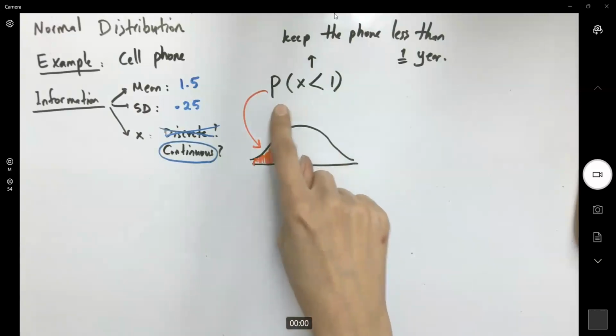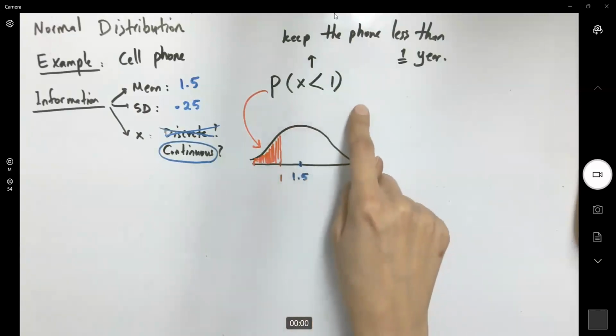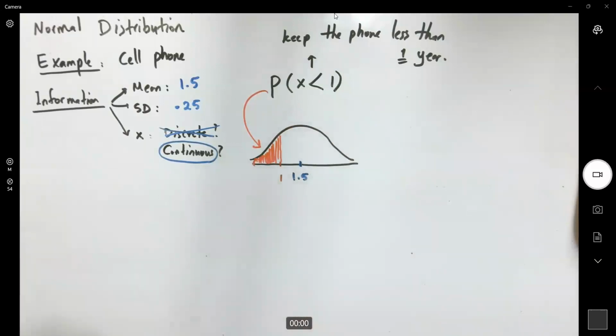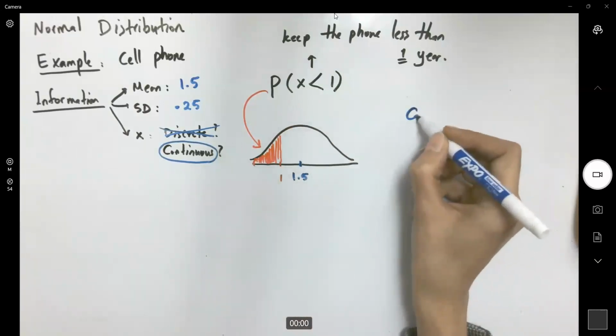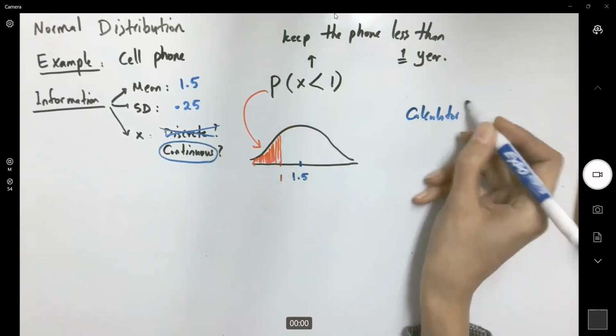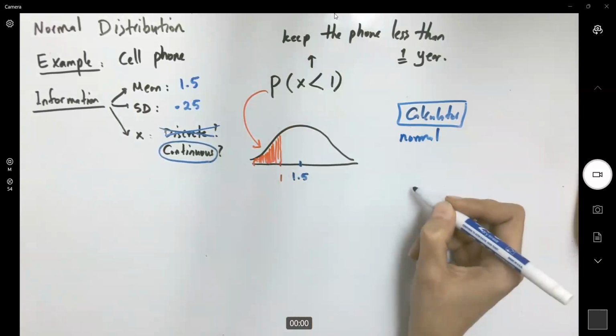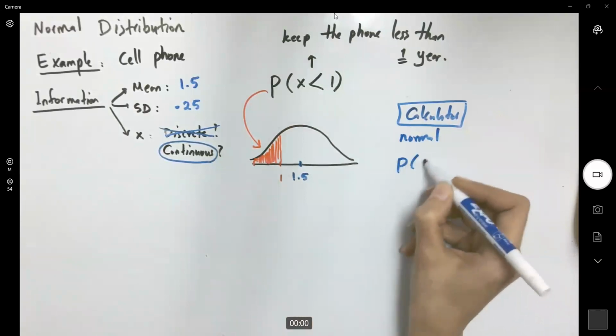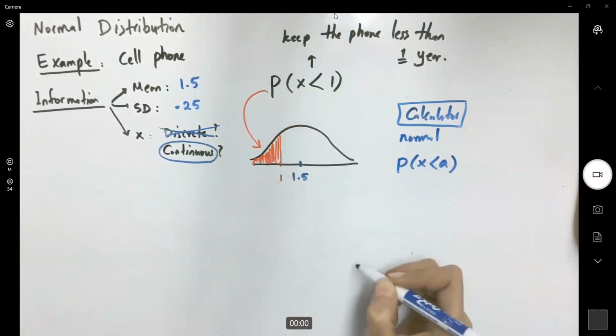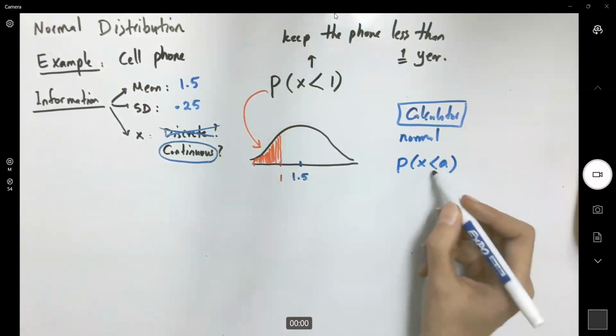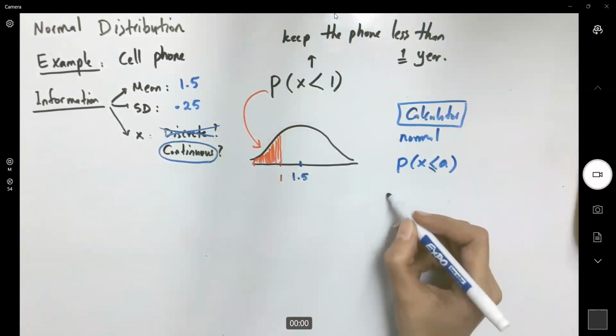I have P of x less than a. Let's take a look at our calculator. If we have a normal distribution and we're looking for P of x less than or equal to a, it's going to be second.